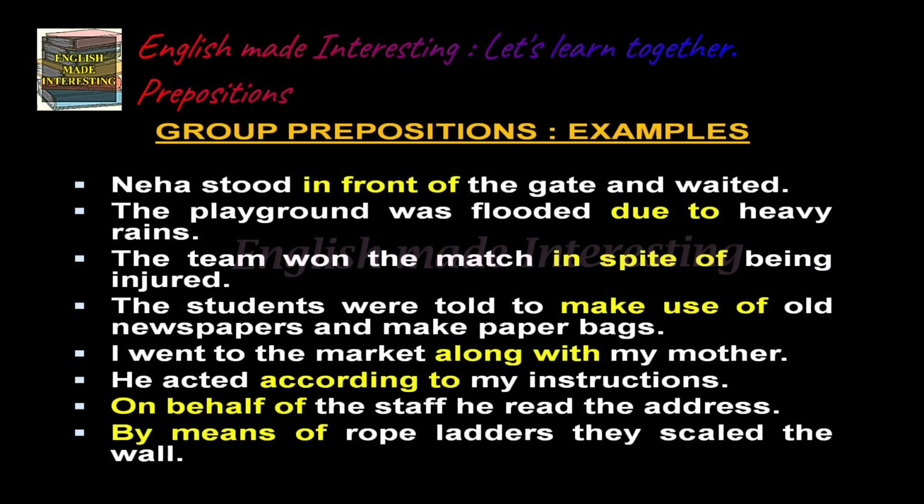He acted according to my instructions. On behalf of the staff, he read the address. By means of rope ladders, they scaled the wall. So, all these prepositions have more than one word. They are a group of words actually, and they function as a single preposition.